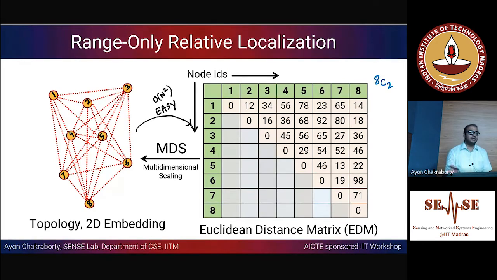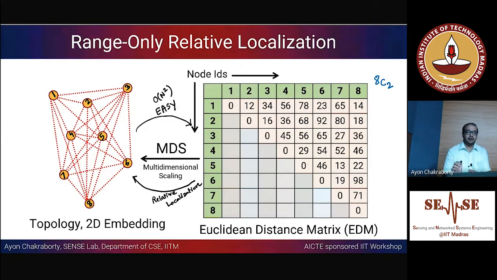But my problem is different. Our problem is, given the EDM, can you come back to the topology? So this is our problem, in this case the problem of relative localization. Okay, so this is not trivial. Given the EDM, how do you come up to this topology?